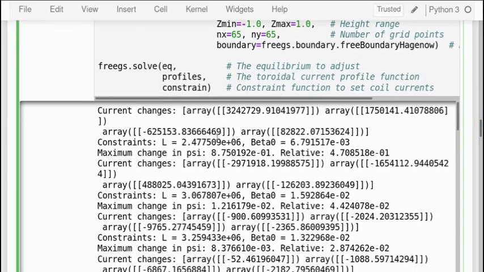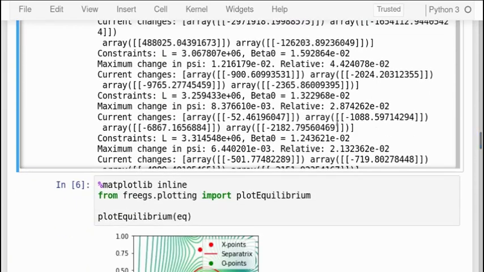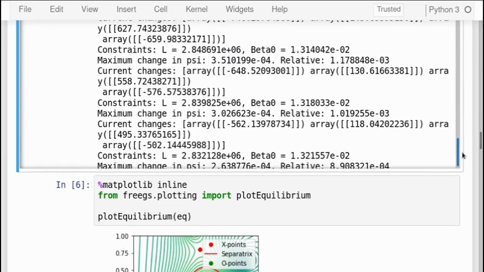This then runs through a set of iterations. So each time it's calculating the change in the current. So this is an array of all the currents that we're changing, and calculating the constraints, so for the profiles. These are the lambda and beta naughts. And then as these iterations proceed, you can see that the change in the currents becomes smaller and smaller. So we go down towards the end.